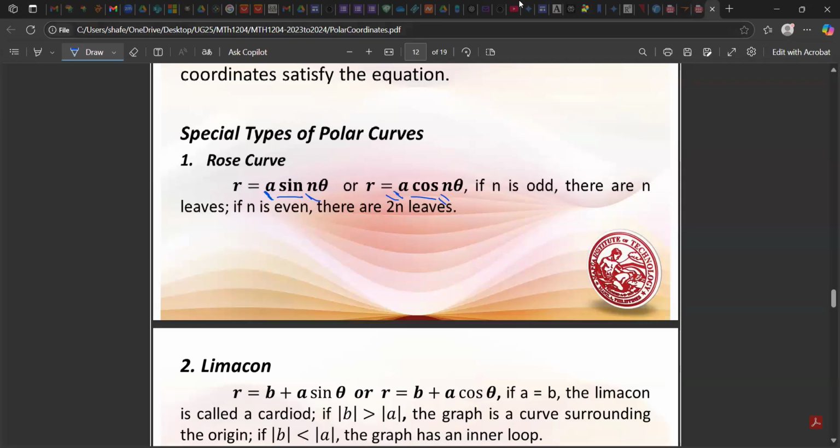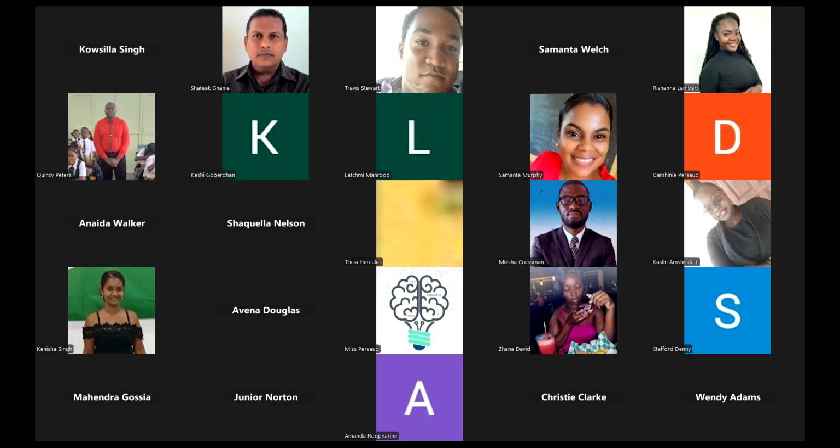So I'm going to stop sharing for a moment and go over to Desmos. So I'm in Desmos.